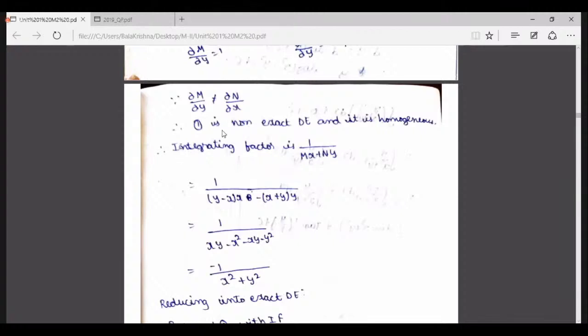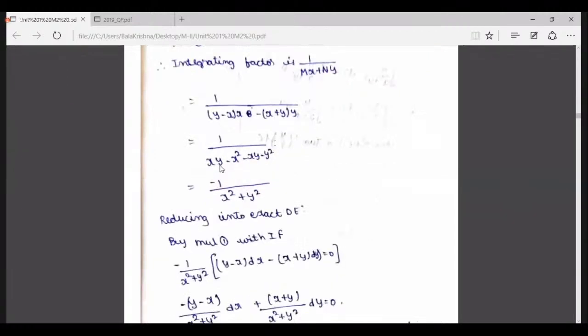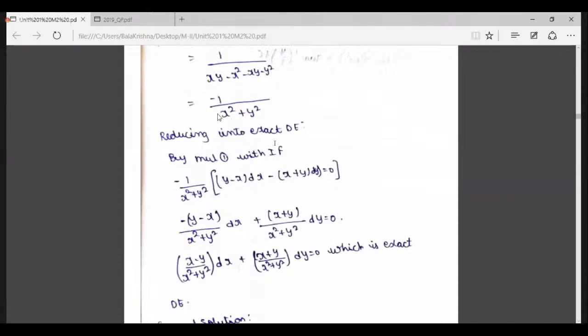Therefore, as it is non-exact and homogeneous, its integrating factor is given by 1 by M times x plus N times y, where M is y minus x, into x, plus N is minus of x plus y, into y. When you simplify that one, we are having minus of 1 by x square plus y square. So this is the integrating factor.